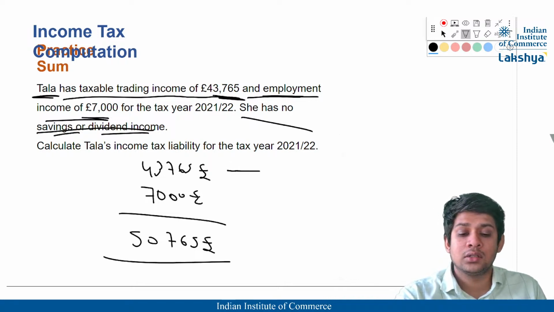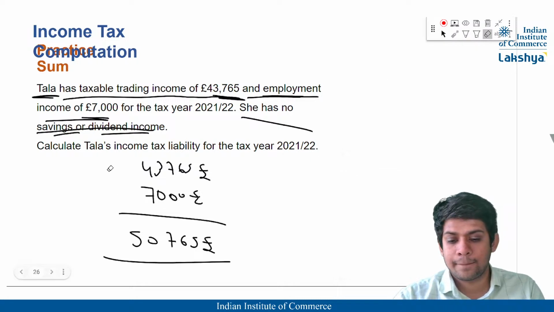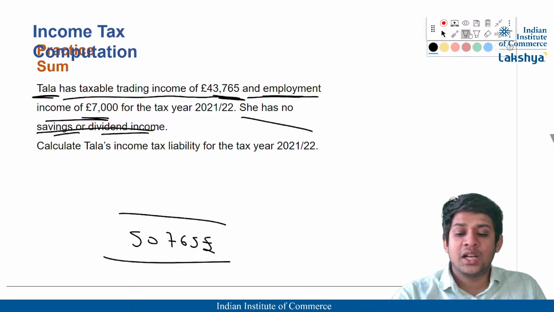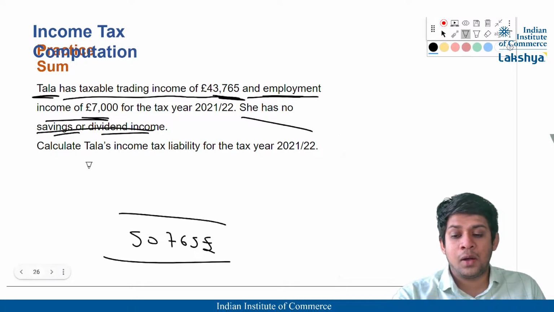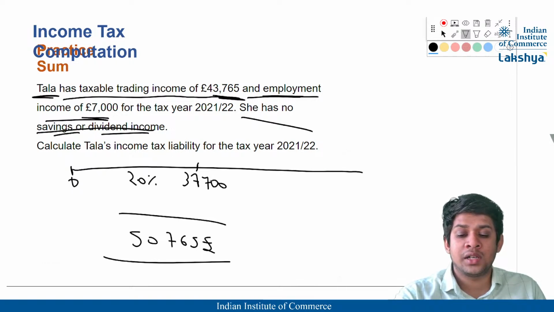Always remember, guys, say this is your bar. Your total income is 50,765 pounds. From 0 to 37,700, she will be charged 20% tax.